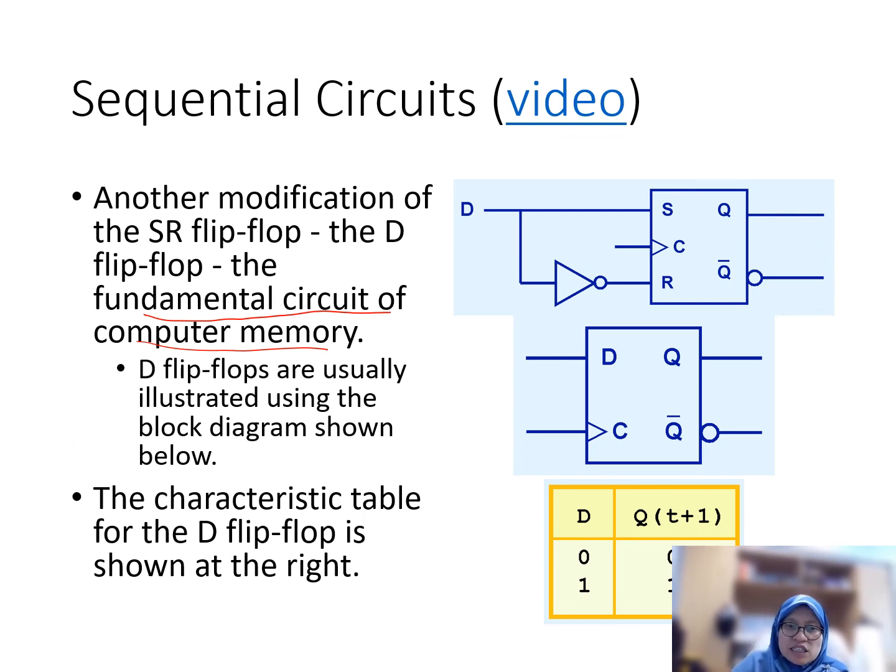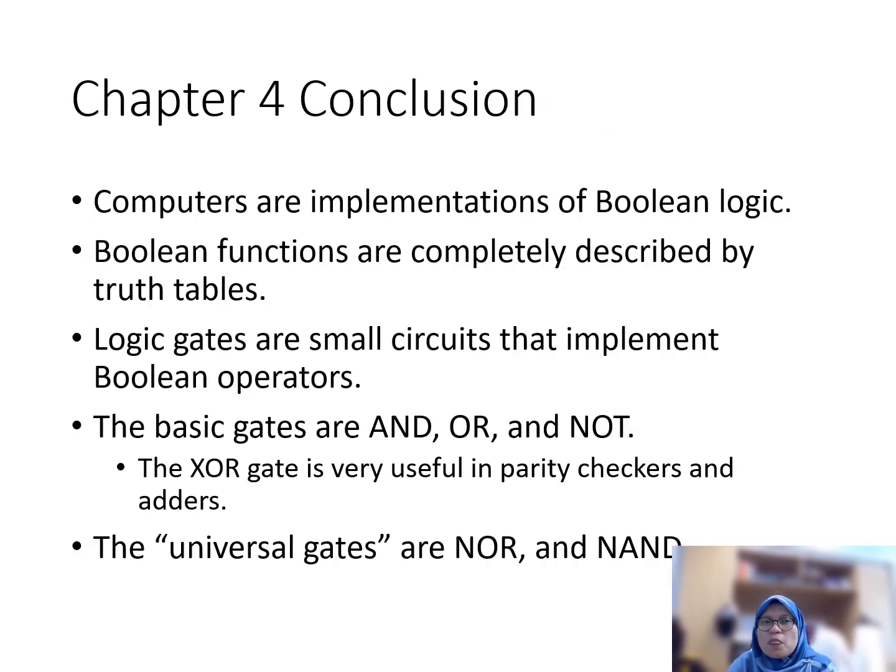The characteristic table of the D flip-flop is that if D is 0, then QT plus 1 is 0, and if D is 1, QT plus 1 is 1. It means that it retains the previous value. So that's why the D flip-flop becomes the memory cell.